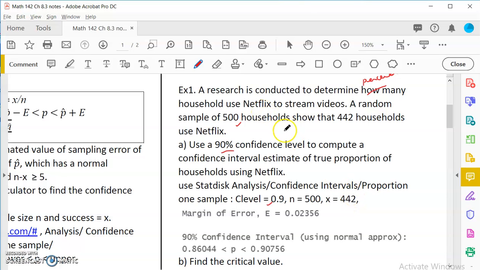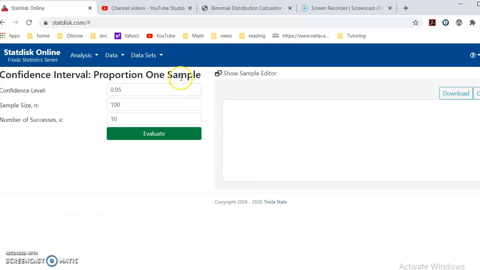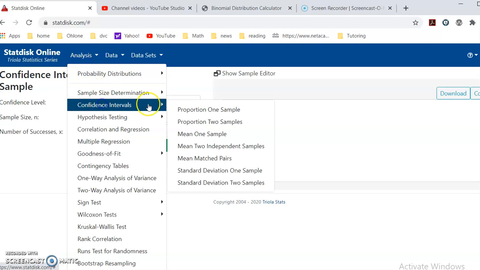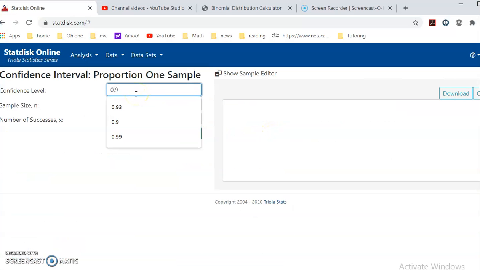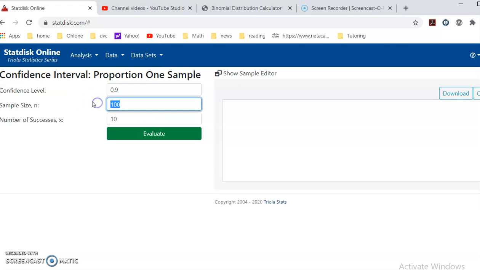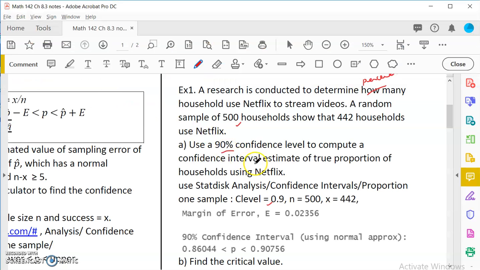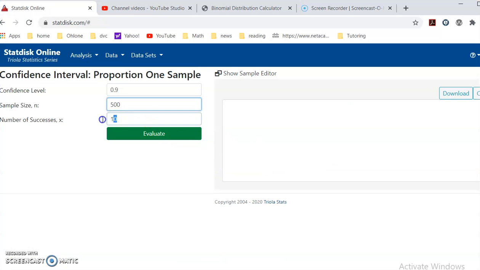So let's input it. Go to Stat, Confidence, proportion, one sample. So 95%, is it 95? Oh, 90%, 0.9. And they have a sample size of 500. And how many showed up? 442. So a lot of people watch Netflix.